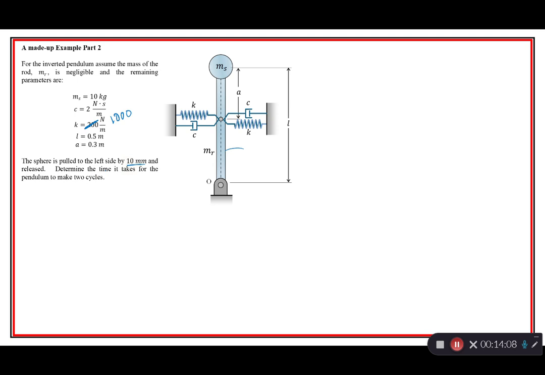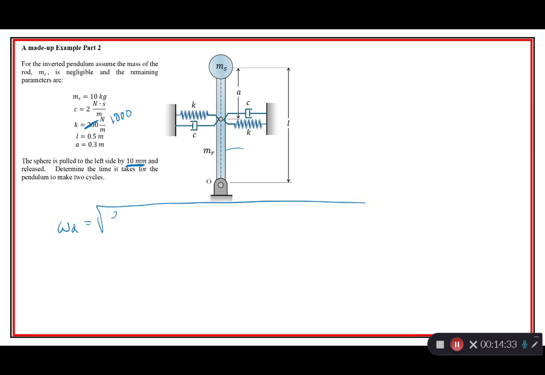Determine the time it takes for the pendulum to make 2 cycles. Well, this is sort of another trick question, because this is not going to matter. I'm going to use the information that I got in the last one, part 1, and I will just fill in the blanks right here.